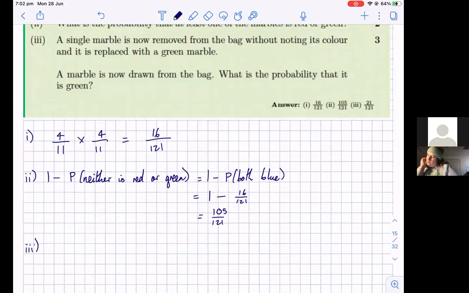A single marble is now removed from the bag without noting its color, and it's replaced with a green marble. A marble is now drawn from the bag. What's the probability that it is green? That's a really interesting question.